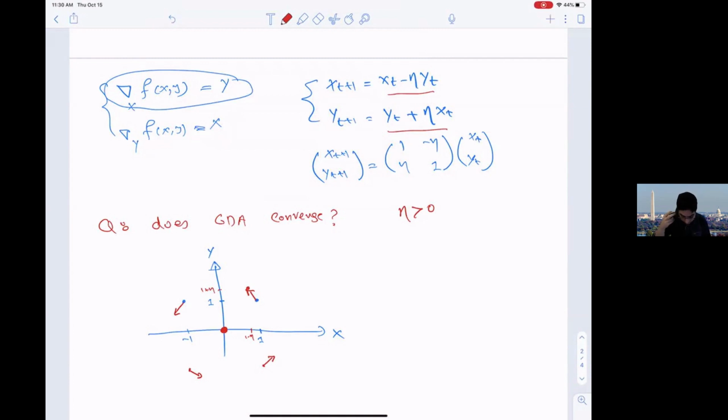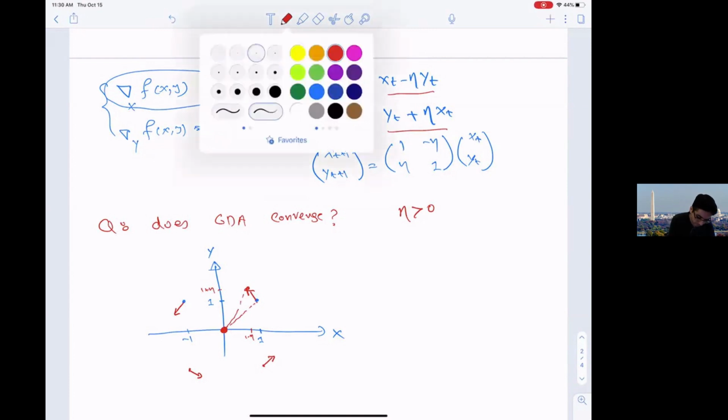In order to understand that, let's look at the magnitude of my points. Let's say here I have this magnitude, and here I have another magnitude. Let's see if it is getting closer to the origin or further away from the origin. All right, so let's do that.